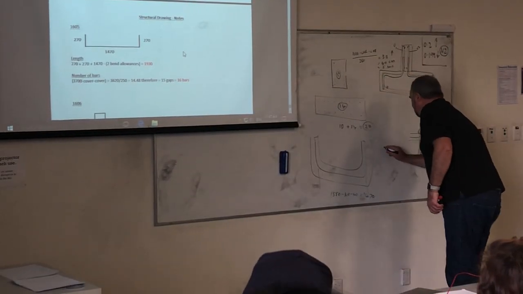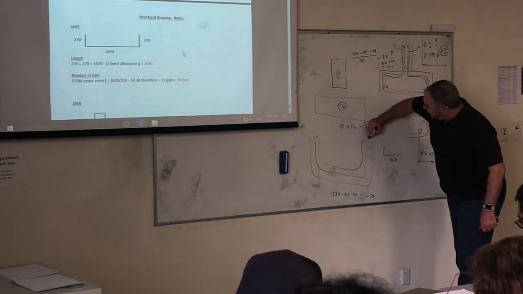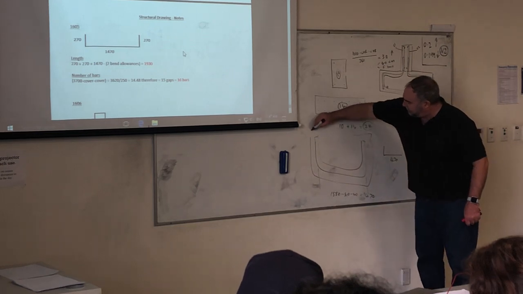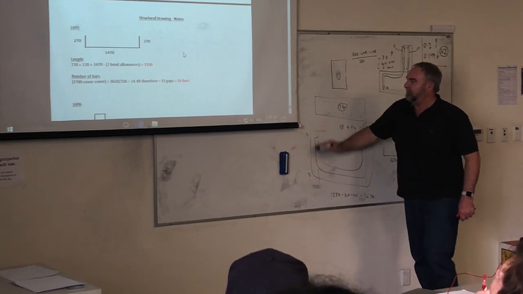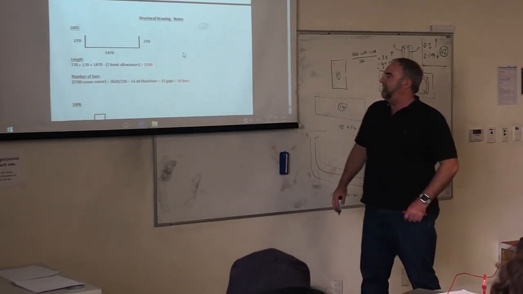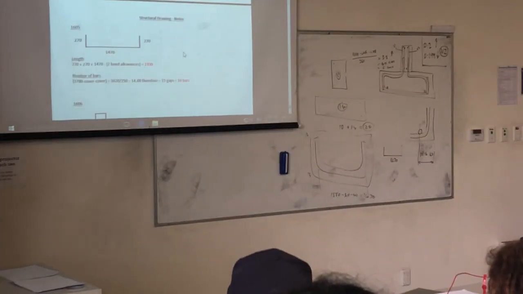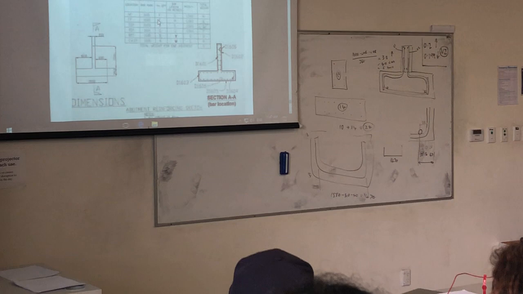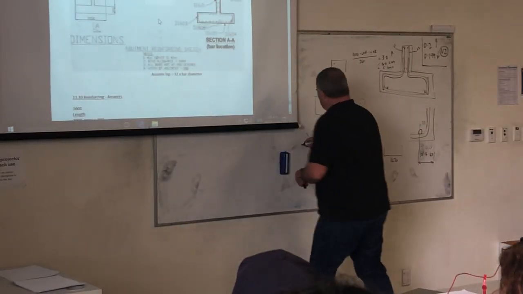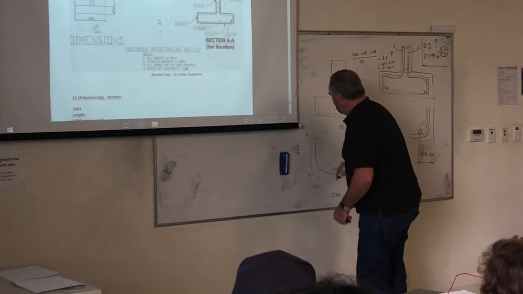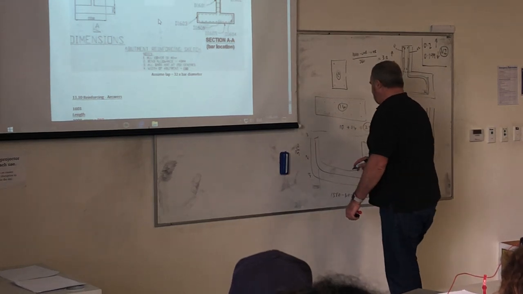So if I was doing my little sketch over here, that would be 1470. From top to bottom of this piece, we've got the cover of 40, and we've got an overall height of, can't remember, 350 is it? 350, yep. So that ends up being 270.